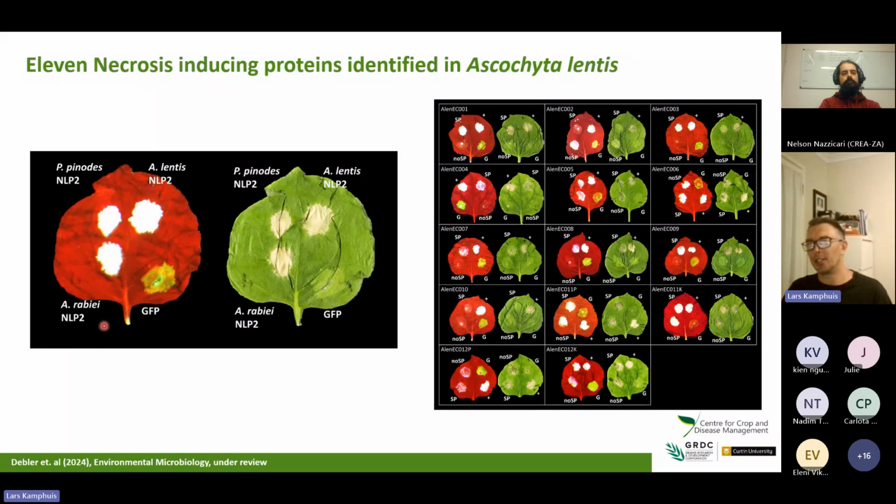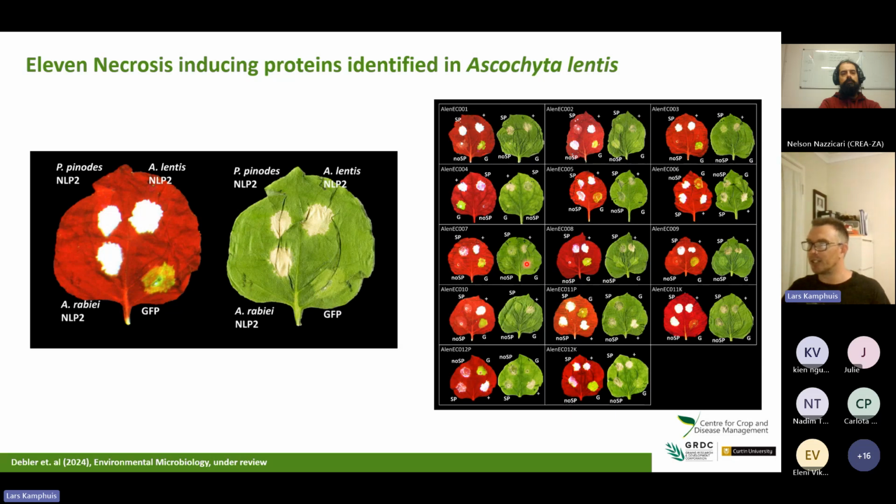And then we've got, in this case, 3 versions of NLP: the Ascochyta lentis one, the Pyrenophora teres one, and the Ascochyta rabiei one that can cause necrosis when we look at it in the bright field. And so we took our top 12 candidates, and what you can see here in these graphs is one where we've infiltrated the protein with its signal peptide and without its signal peptide to try and see how important it is to have the signal peptide for its ability to cause necrosis.